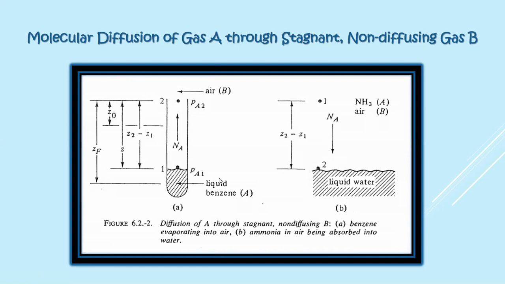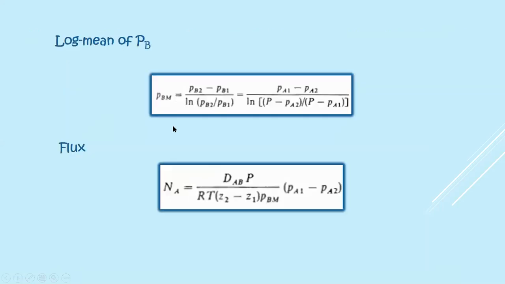Now, for this scenario, so that we will know the flux N sub A, we need to determine here the log mean of B. That's the partial pressure of B, but it's the log mean of that. The M here means it's mean, or specifically log mean. And you need to determine the partial pressure of A or B, depending on which of the two formulas you will utilize, in points 1 and 2.